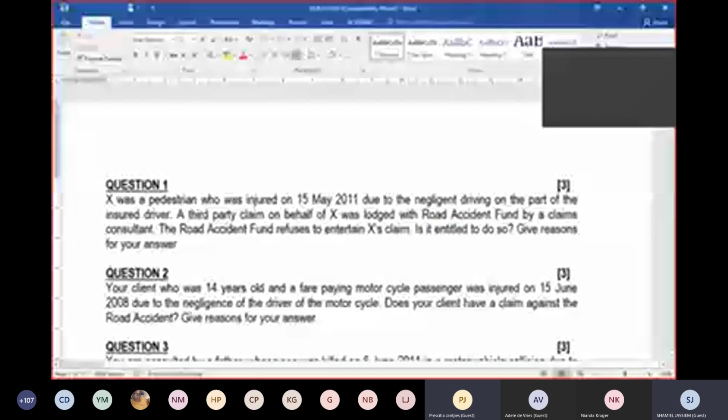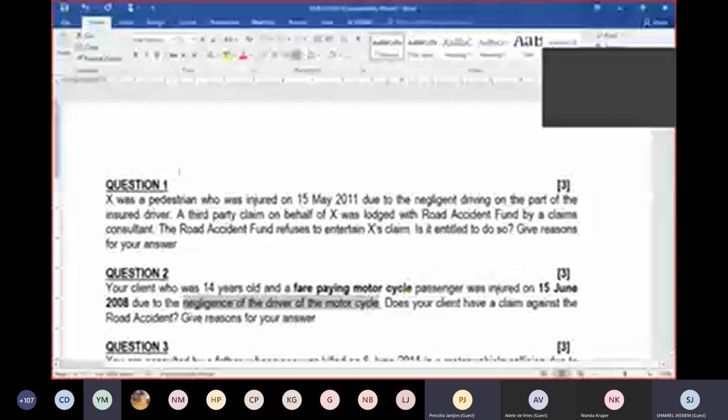Your client, who was 14 years old and a fare paying passenger on a motorcycle, was injured on 28 June 2008, and this accident was caused by the negligence of the driver of the motorcycle.